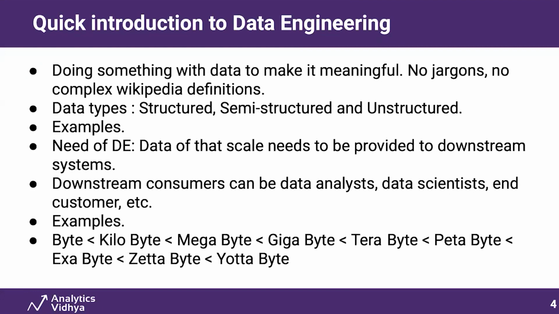That is basically unstructured data. In data engineering, it's our task to handle and cater to each and every kind of data. There are different tools and different technologies, but that's not the scope of this session today.